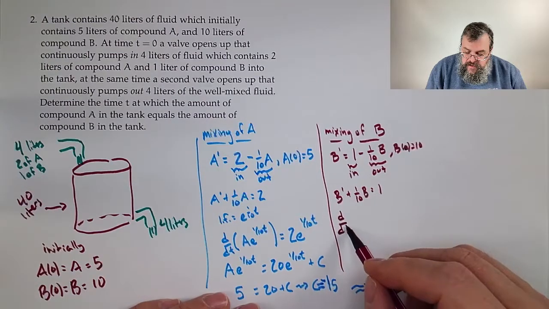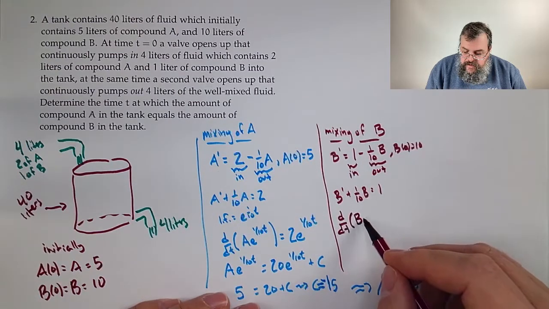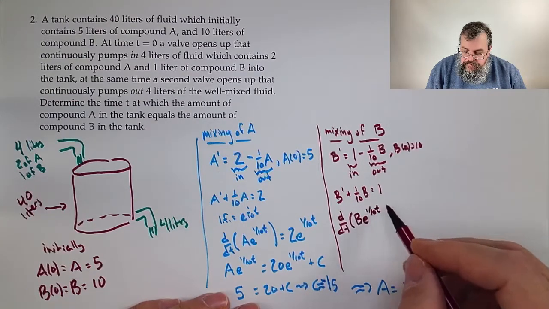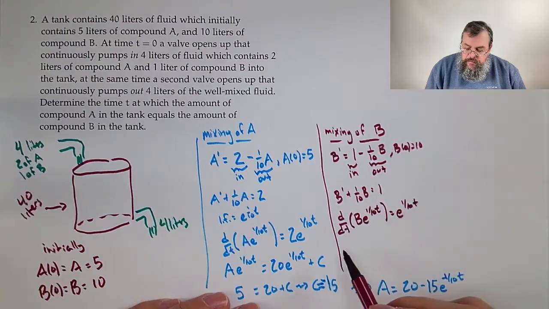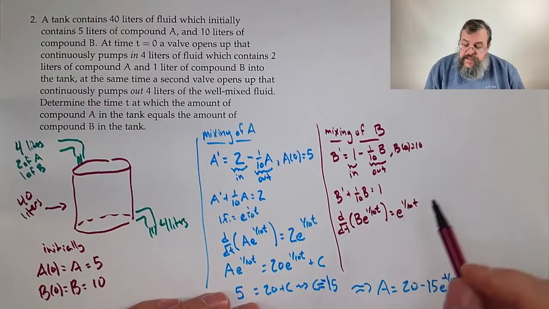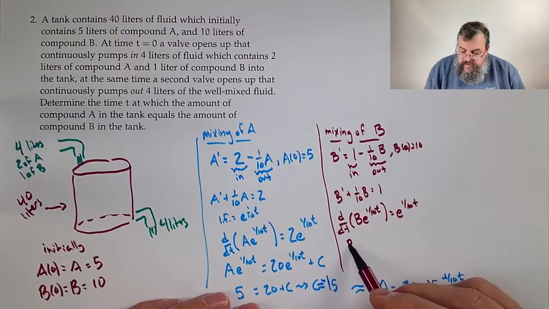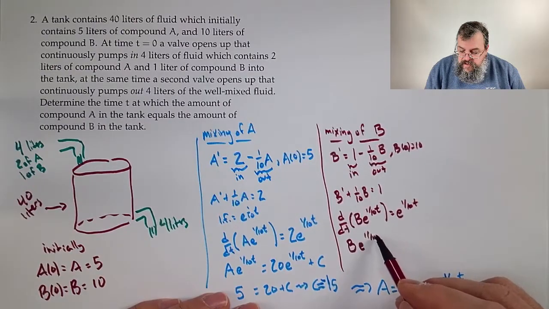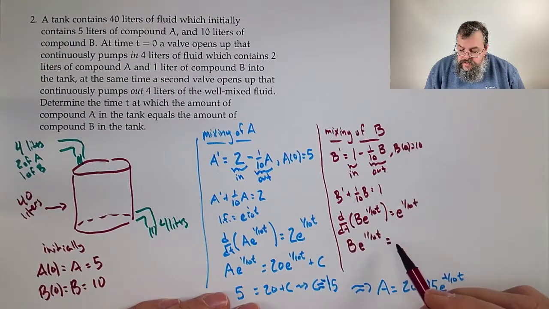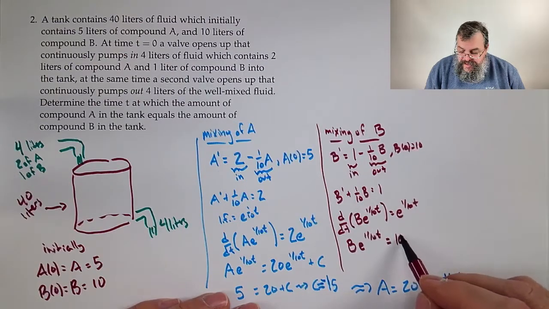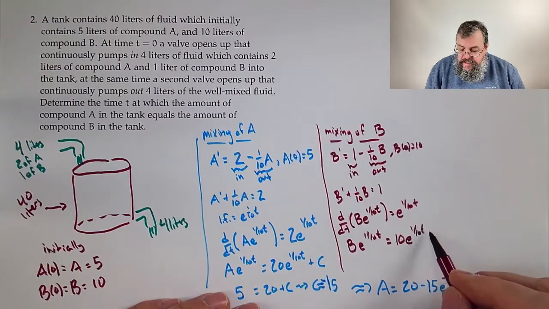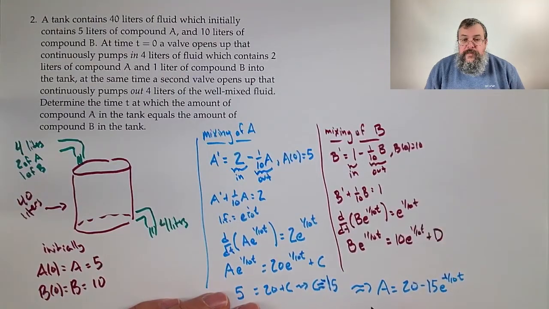So in particular, we still have the derivative of b e to the 1/10 t is equal to e to the 1/10 t. Integrate both sides. Got a little bit ahead of myself. b e to the 1/10 t is equal to, and then here, divide by 1/10, same as multiply by 10, 10 e to the 1/10 t plus a constant.